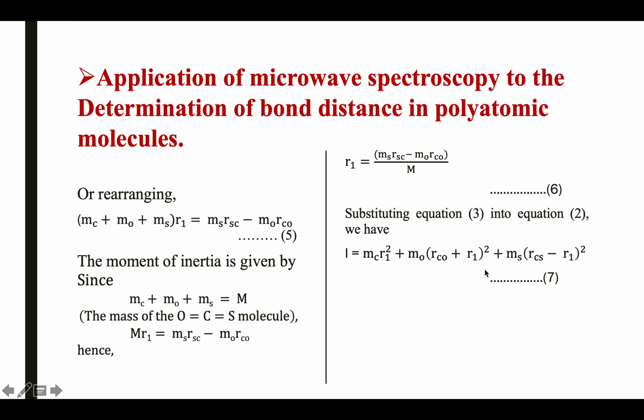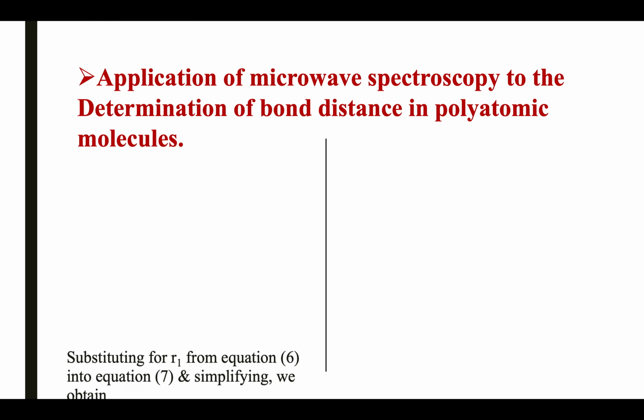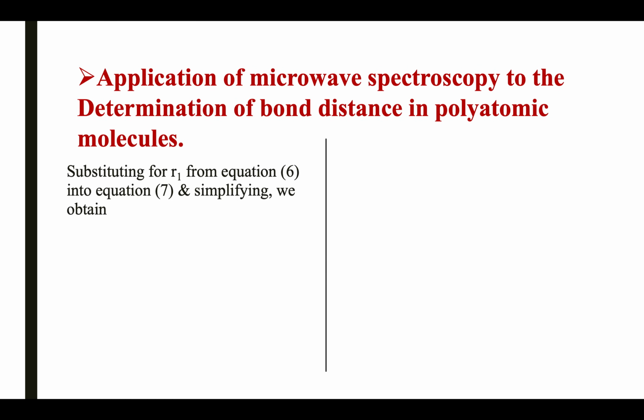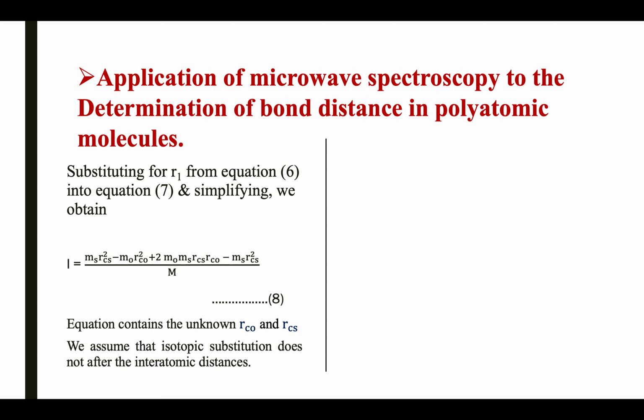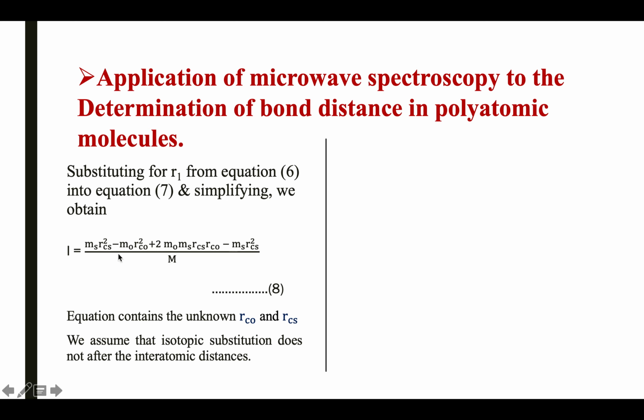So what we will get, so substituting R1 from equation 6 into equation 7, for simplicity we will get equation number 8. I equal to MS into RCS square minus MO RCO square plus 2 MO MS into RCS RCO minus MS RCS square divided by M.